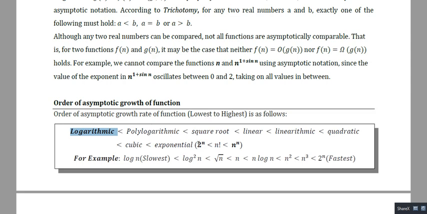In exponential we have three possibilities: 2 power n, n factorial, and n power n. Out of them the highest is n power n, then n factorial, then 2 power n. Again and again I am saying, you might have some confusion because these values are quite near.